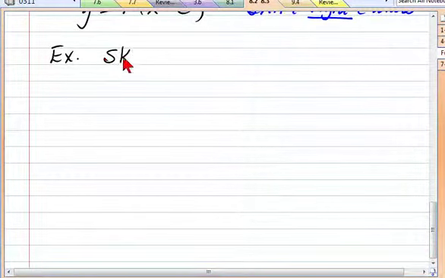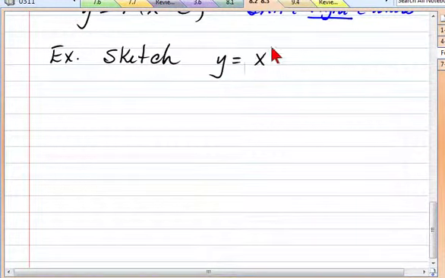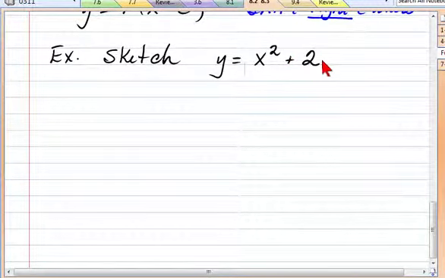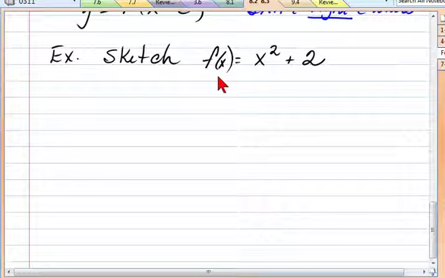To sketch means it doesn't have to be perfect. To sketch y equals x squared plus 2, I'm going to change something. If you're taking notes in ink, you'll be angry with me. Instead of y, all of the problems in this lesson will use function notation, so it will say f of x.